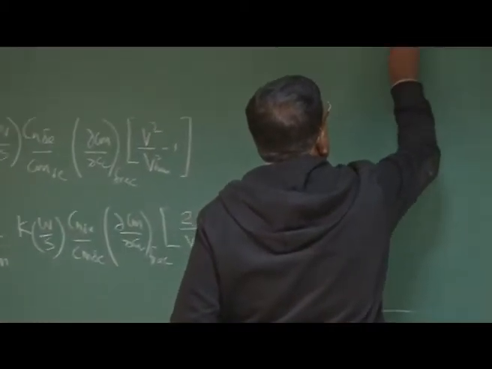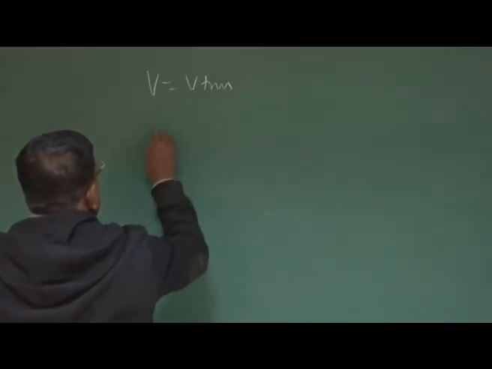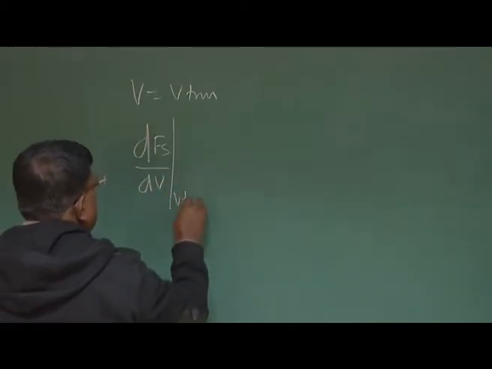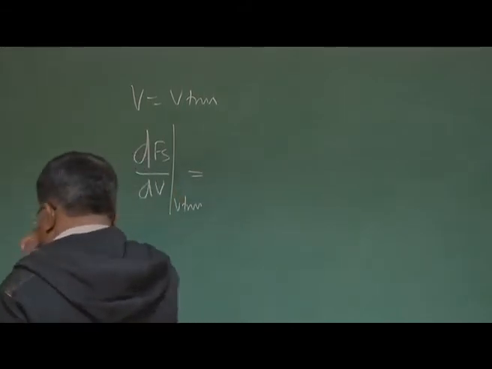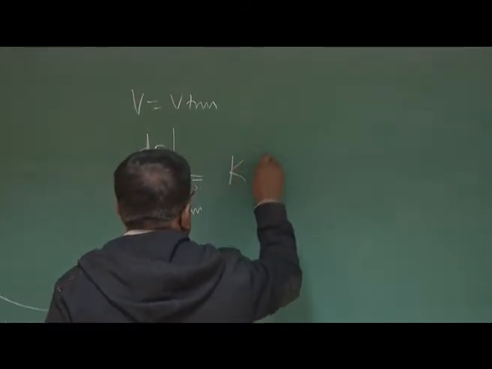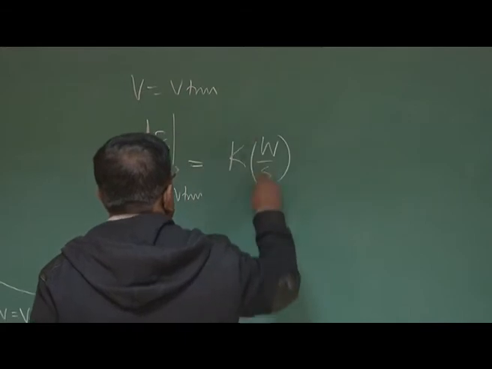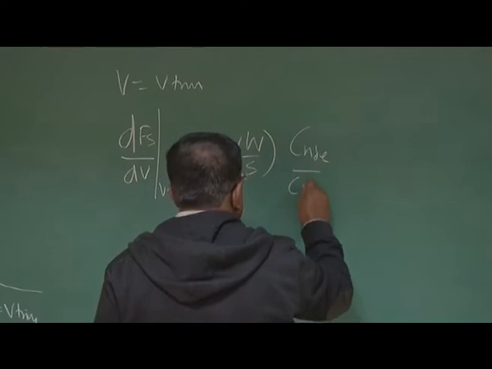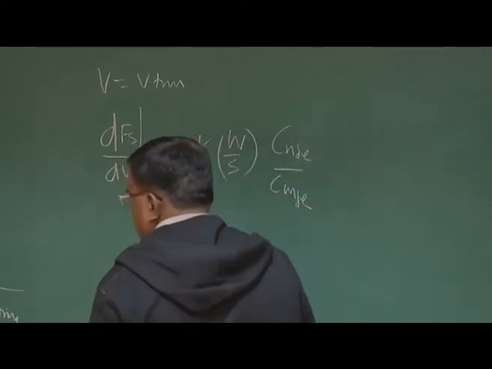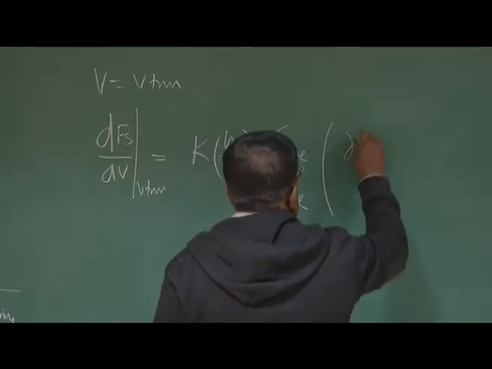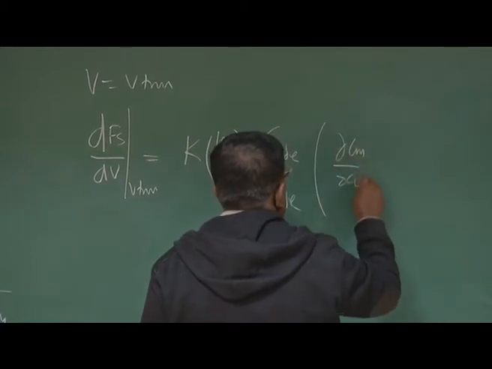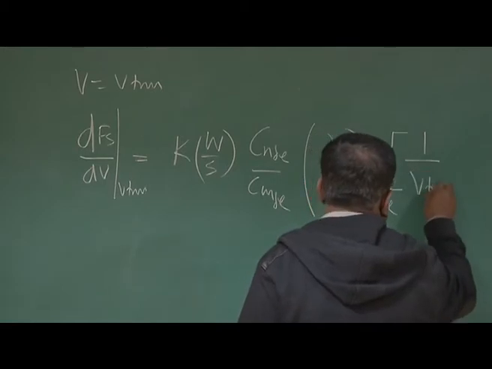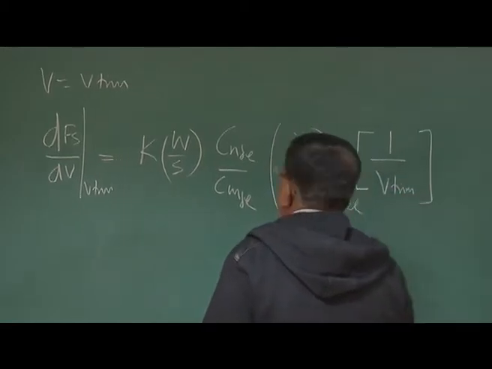So at V equal to V trim, dFs by dV at V trim will be equal to k W by S, Ch delta e by Cm delta e, dCm by dCl free, into 1 by V trim, or I put 2 here.